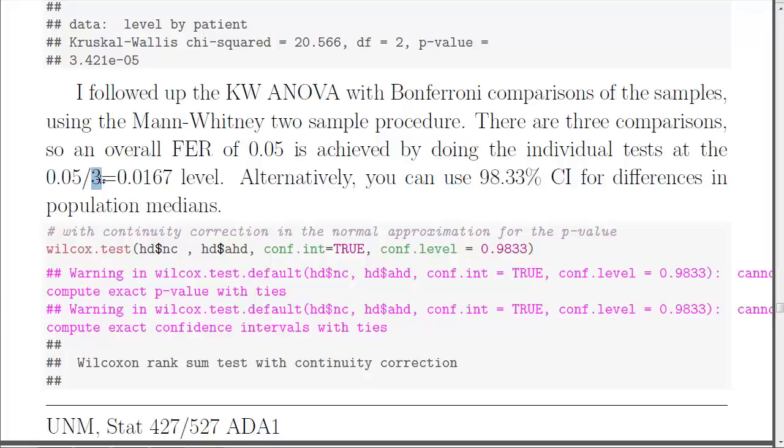I have three groups, therefore there are three pairs that I'm performing tests on. That gives us a 0.0167 alpha level. Therefore, the complement of that, not a 95% interval now but a 98.33% interval, that's 1 minus this, is the confidence level that I want.